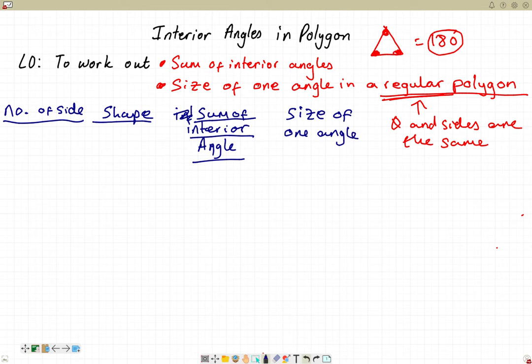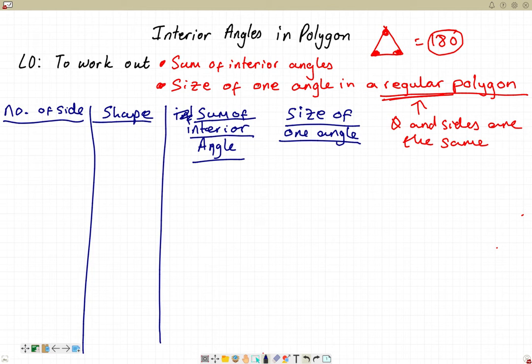Okay, so copy this down. So let's get started now. Now, we can't have a one-sided shape or two-sided shape. We start off with a three-sided shape, which is a triangle.